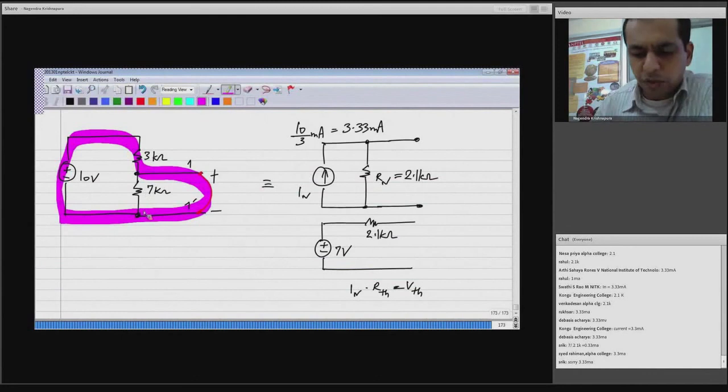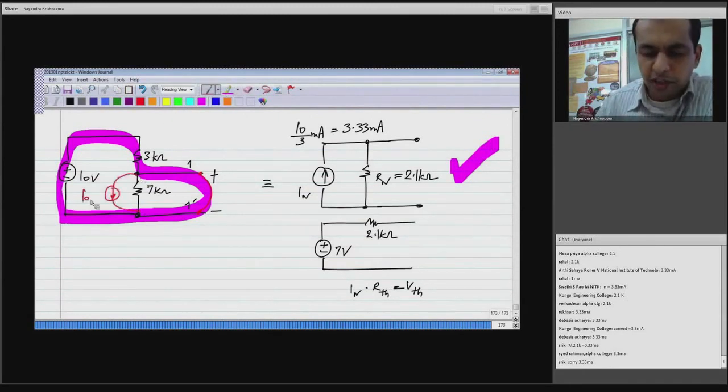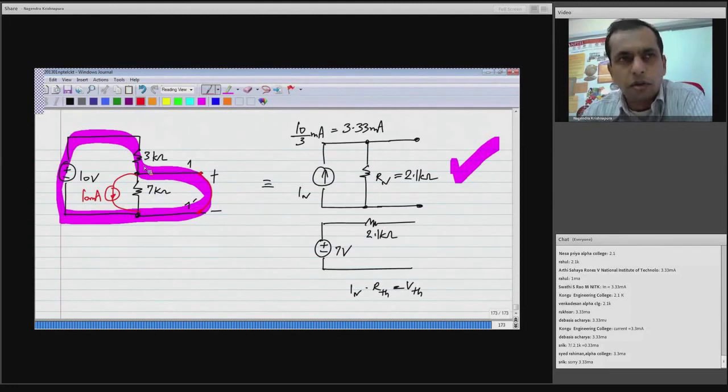No current flows through 7 kilo ohms because it has 0 volts across it, and the current that flows this way is 10 volts divided by 3 kilo ohms or 3.33 milliamperes. So now you can also try it with all these other things added, when I added the 10 milliamp, etc. You can figure out what happens.